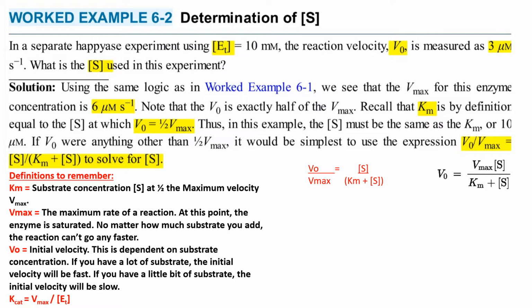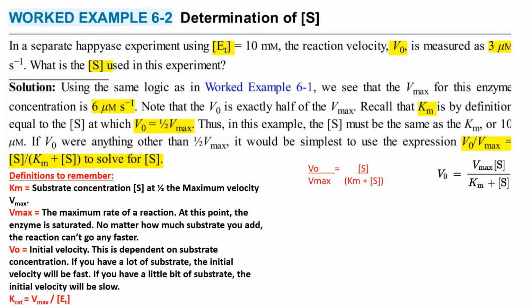Recall that Km is by definition equal to the substrate concentration at which the V0 is equal to half of the Vmax. Thus, in this example, the substrate concentration must be the same as the Km, or 10 micromolar.